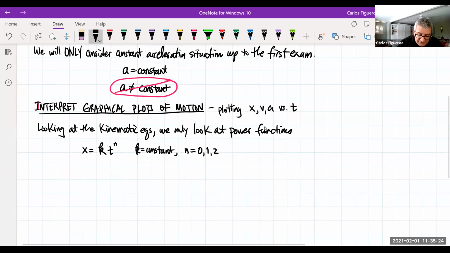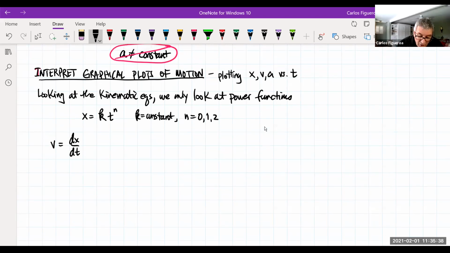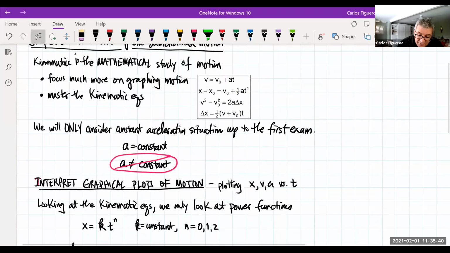So if you look at this in terms of trying to understand what these look like, check it out. I know that velocity, as far as a derivative is concerned, is the rate of change of position.